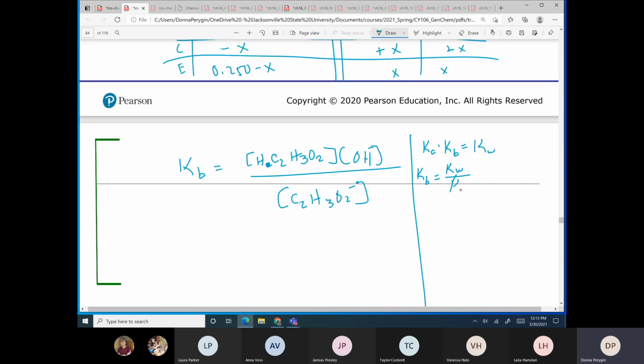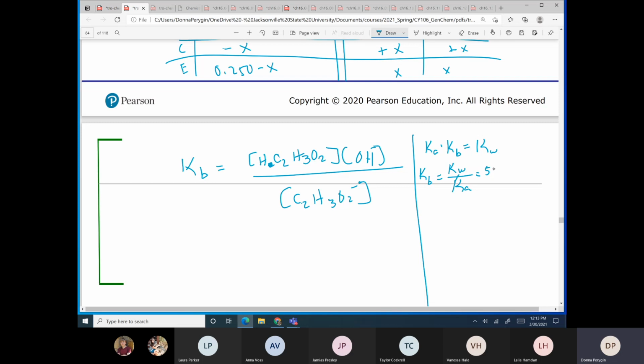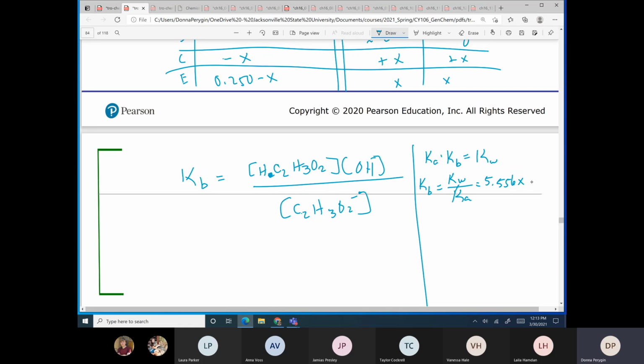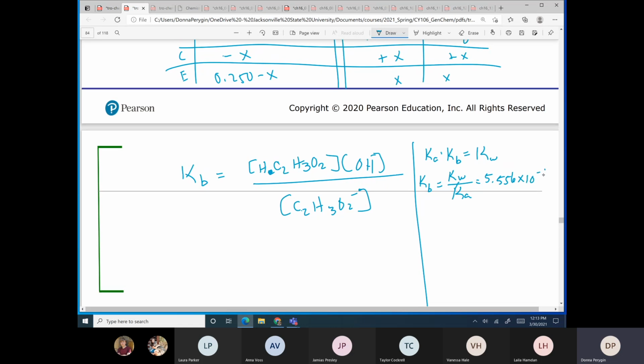We're going to be doing this a lot in the next chapter too. Which is equal to 1 times 10 to the minus 14 over the Ka, which is 1 times 10 to the minus 5th, and that is 5.556 times 10 to the minus 10, okay?